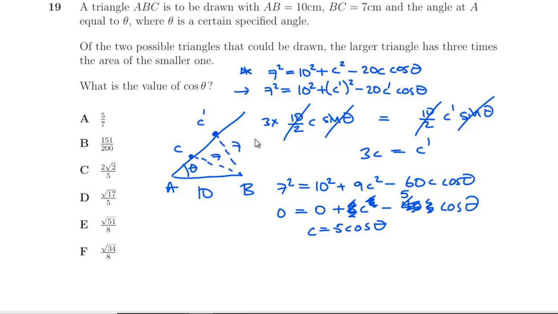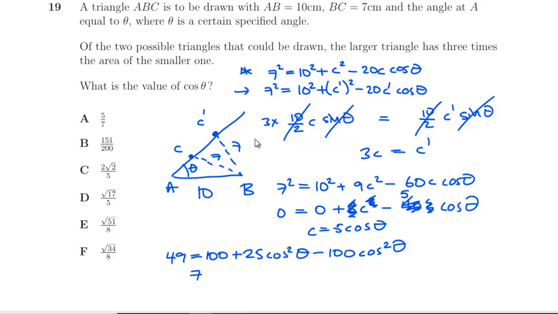Right, so I've got to go back in again. So I've got 49, let's actually make those into numbers, is 100 plus 25 cos squared theta minus 100 cos squared theta. Okay, so what does that leave me?